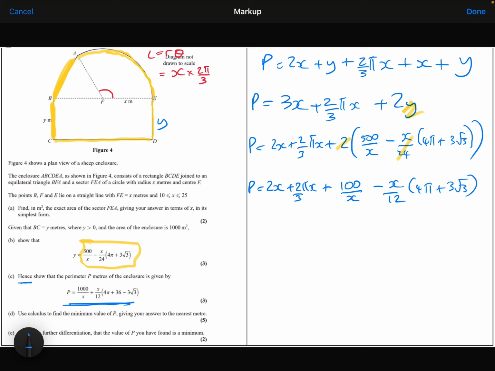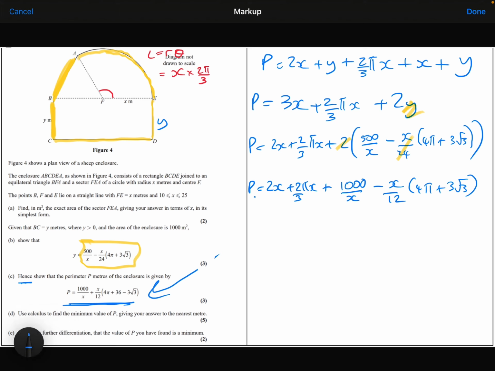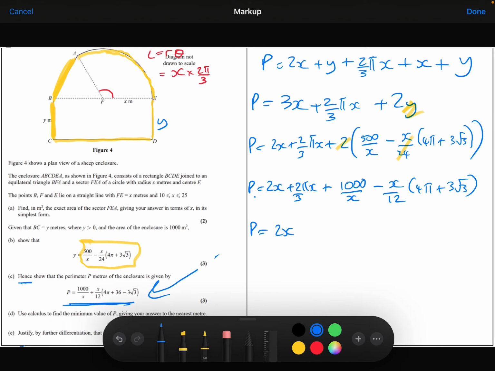Now, let me just compare what I've got here. The 1000 over x is good, but I need to group up all of my x terms. So let me expand those brackets so I can compare all of these x terms together. So actually I'm going to put the 1000 over x at the front.